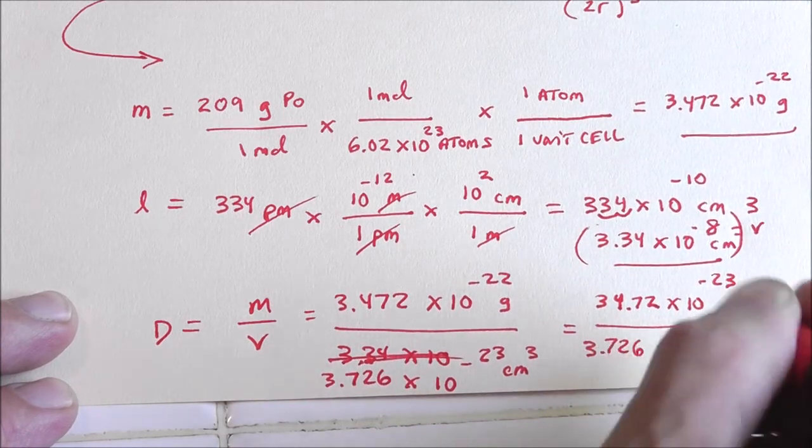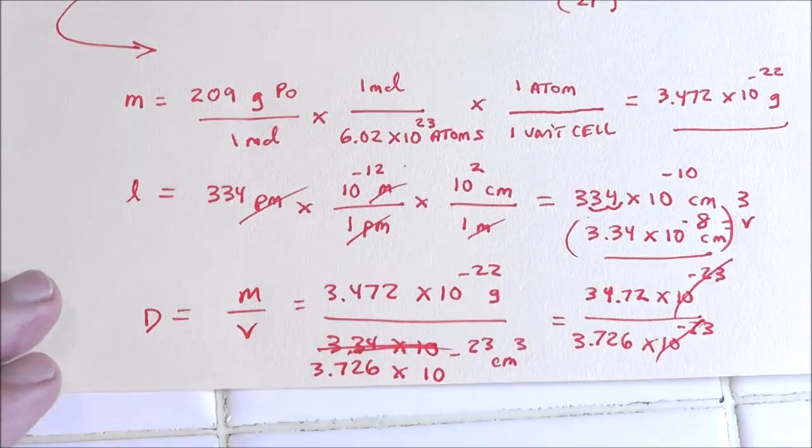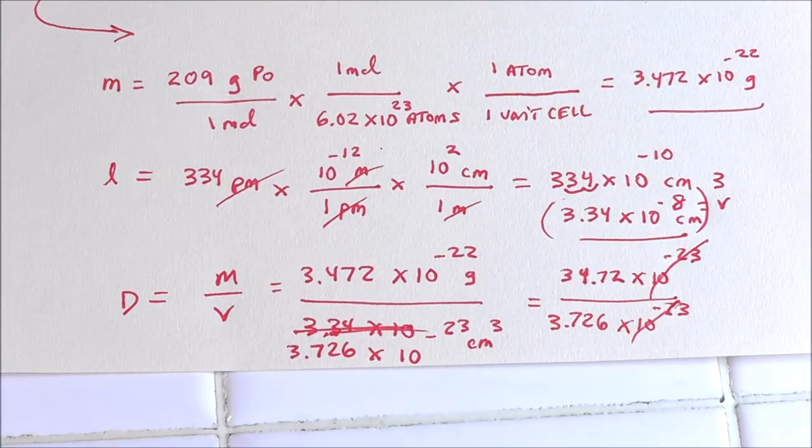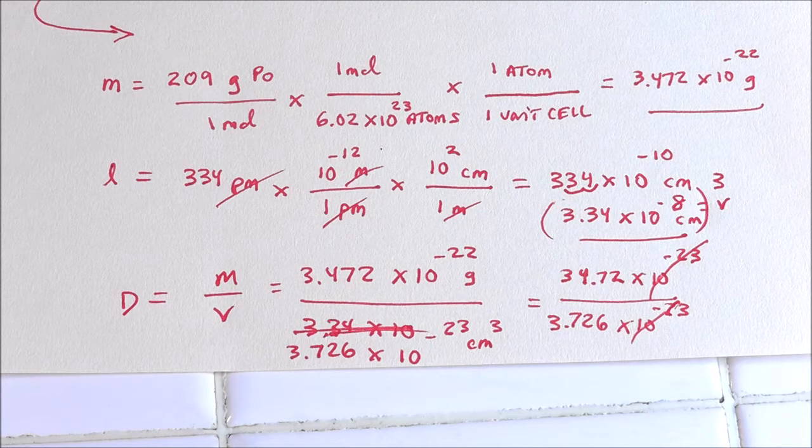And those 10 to the minus 23, boy, it feels good to do that, doesn't it? And then you really got 34.72 divided by 3.726.